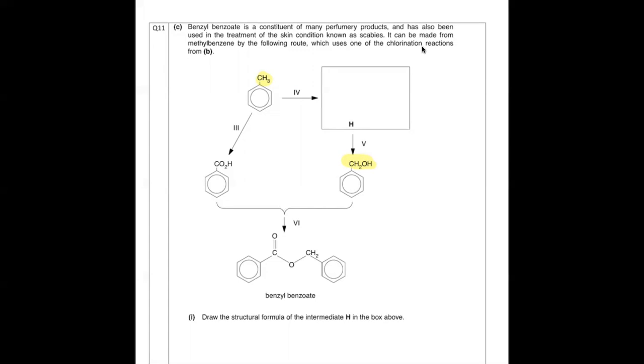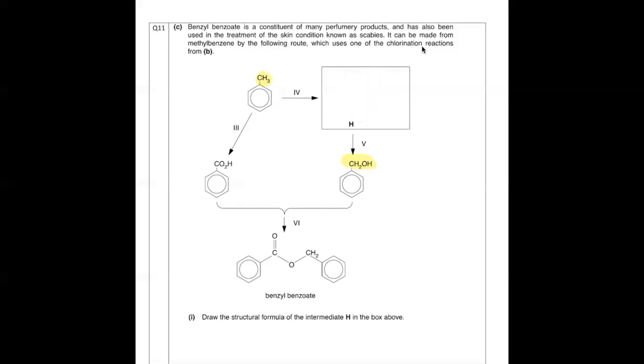So this has nothing to do with your A2 syllabus. Okay, it is in fact your AS syllabus. So now we have to think about how we are going to convert your alkane into a certain functional group here that can enable us to convert that functional group H into an alcohol.